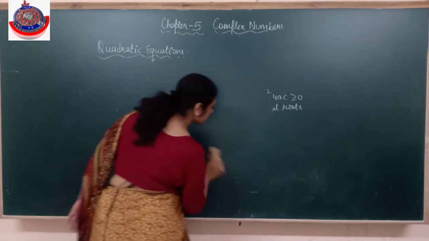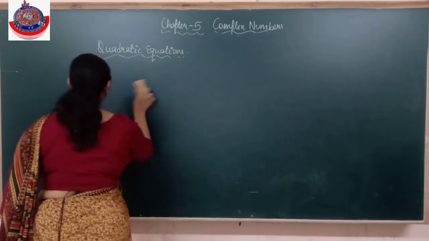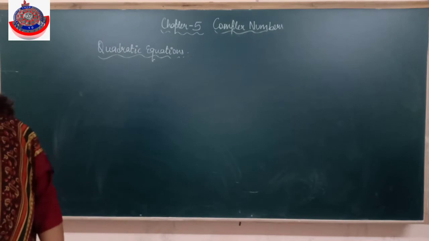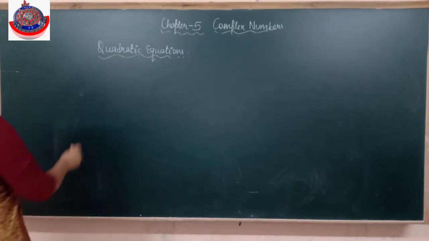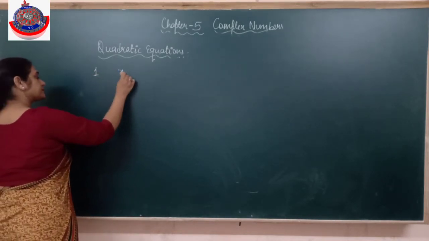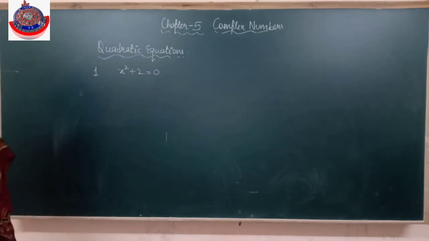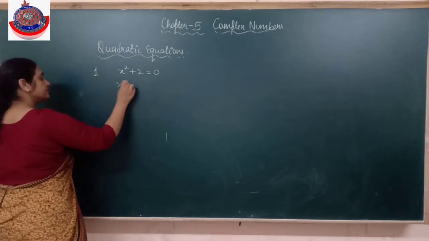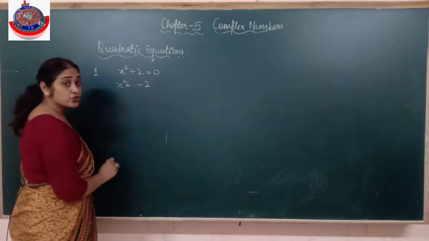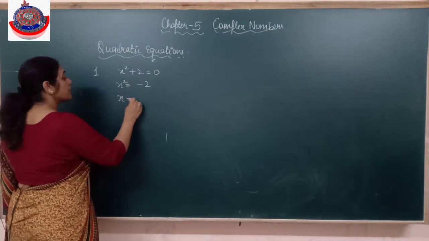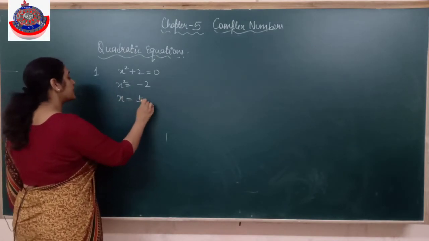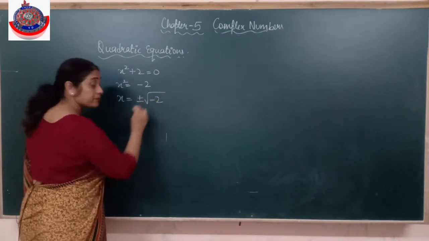Alright? Let's pick up the example. I have to solve x square plus 2 is equal to 0. I can simply solve it as x square is equal to minus 2. Whenever the square goes to that side, it becomes under root with the plus minus sign.